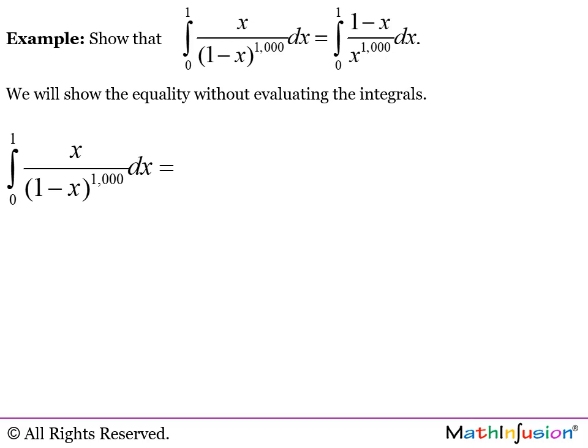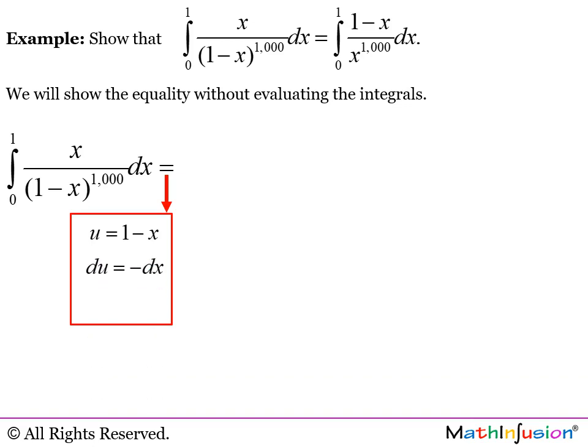So after the discussion of before, it's pretty clear that the u substitution here has to be 1 minus x. So du is negative dx. So as before, I have to make sure that I know what is x. But if u equals 1 minus x, then x equals 1 minus u.